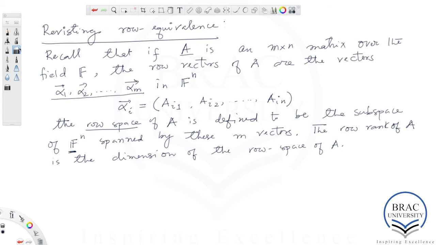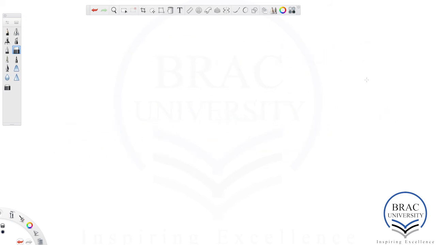Now, let me erase everything. If P is a k times m matrix, and we know from the discussions that we had earlier that A is an m times n matrix, the size of A is m times n, and we take this k times m matrix P, then B, which is equal to the product of these two matrices, P and A, has size k times n.